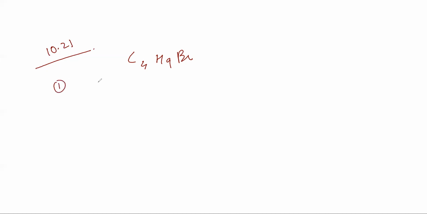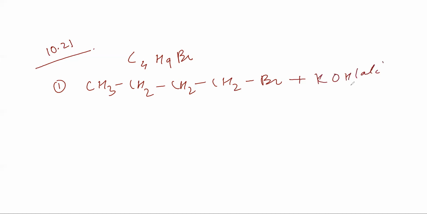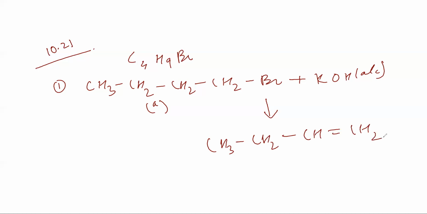If I allow this to react with alcoholic KOH, this is compound A, it gives the product CH3CH2CH=CH2. This is B. Now this B, if I treat with HBr, it gives C. So what am I going to get?